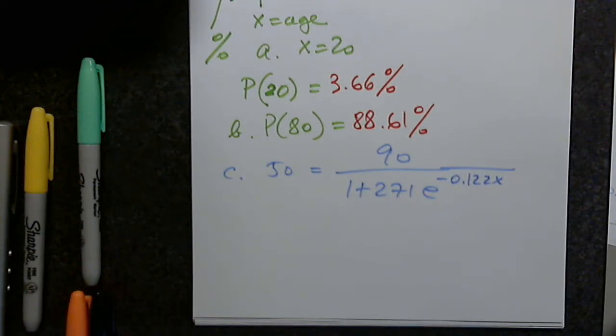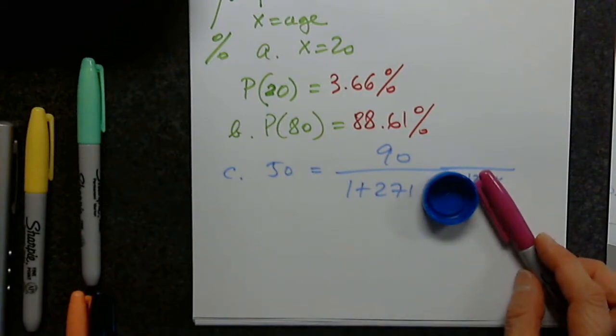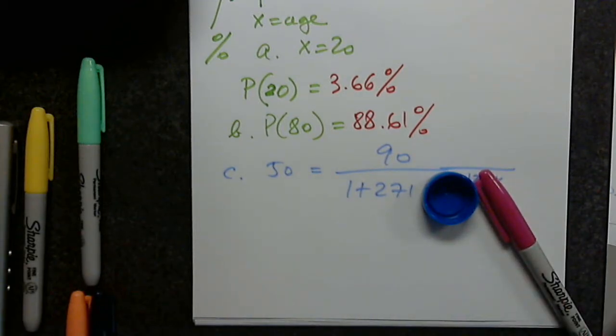Okay, so when you look at this equation, what do you see first? First, you have to see the big picture, and then you can go into details. So what is the big picture here?